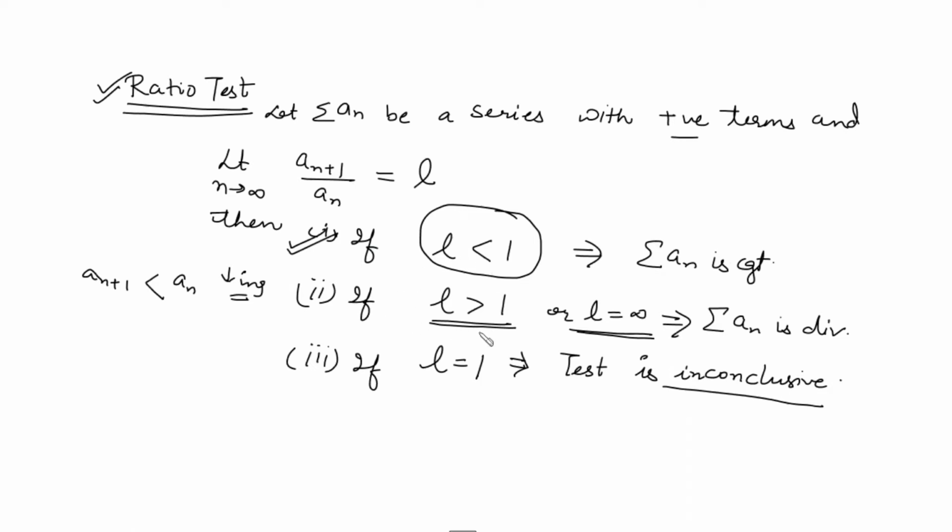And in case of the ratio greater than 1 or infinity, it means your n plus 1th term is strictly greater than an, meaning your sequence is increasing and all the terms are positive. It means its nth term is never going to 0 as n goes to infinity. So by the nth term divergence test, the series is divergent, right? But when L is equal to 1, then we can't say anything about whether our series is convergent or not.